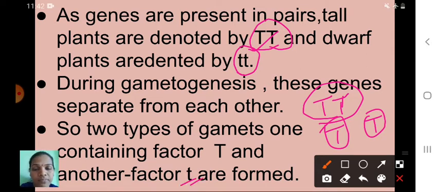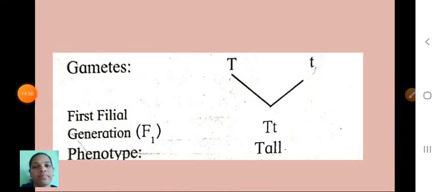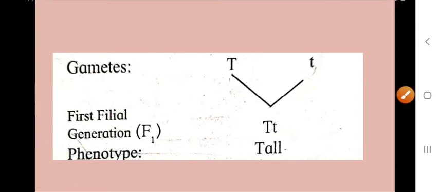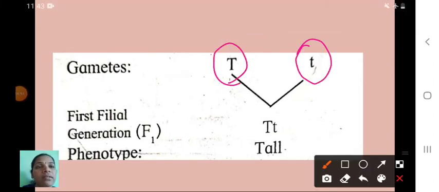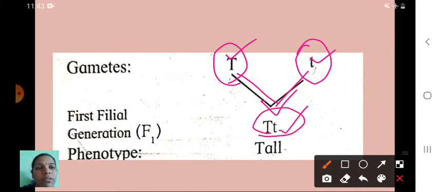Understood children? First is the phenotype of the parent. See here, these are the gametes of the parent, T, and here small t. During the first generation, two gametes are fused, so Tt. This is the genotype, and this is the phenotype of the first generation, the first filial generation.